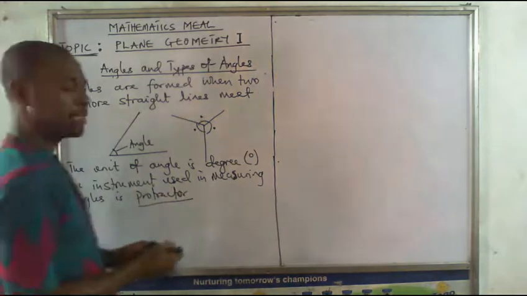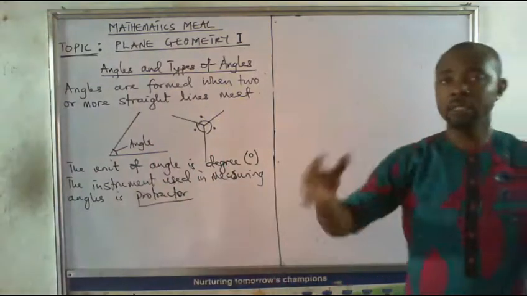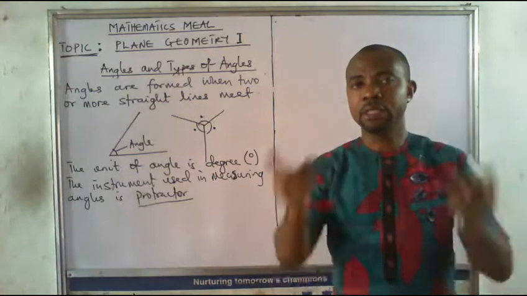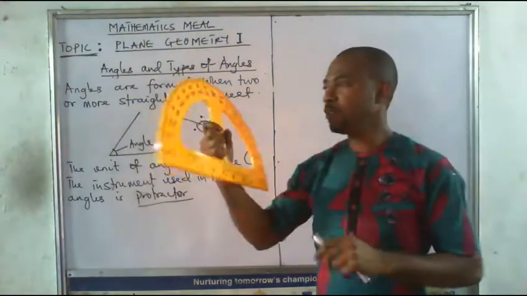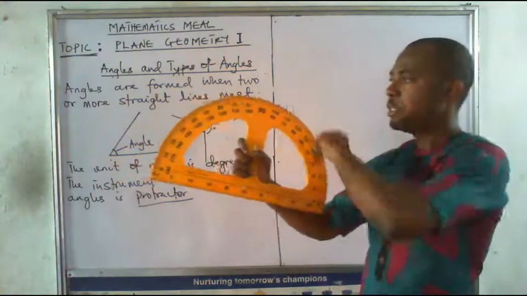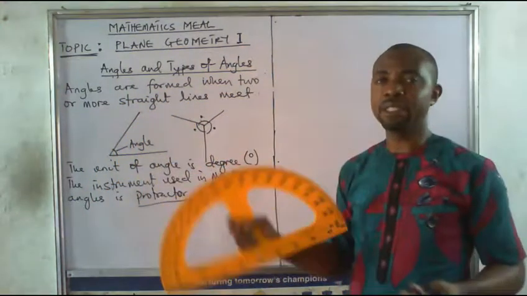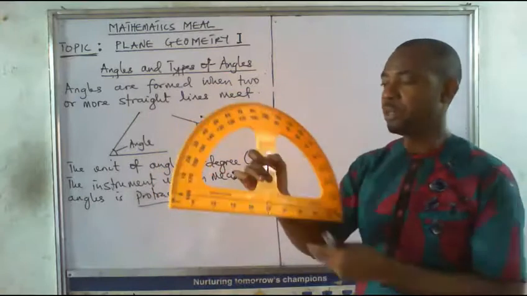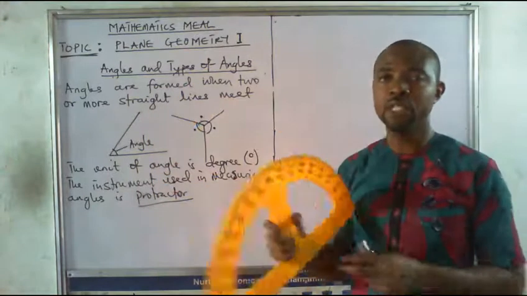If you have a mathematical set, you will see a protractor, that instrument that looks like a semicircle. This is the one we use for demonstration in the class. The one in your math set is smaller. This is what we use in measuring angle. It's called a protractor.